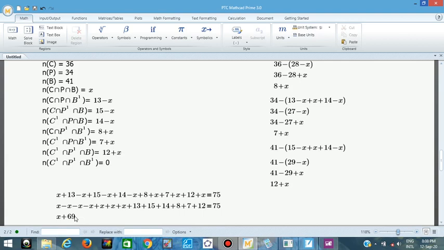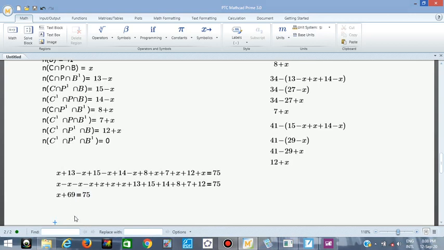So x plus 69 is equal to 75. Then your next step, collection of like terms: x will now be equal to 75 minus 69. And finally, 75 minus 69 is equal to 6. So x is equal to 6, and that is the end of this question.